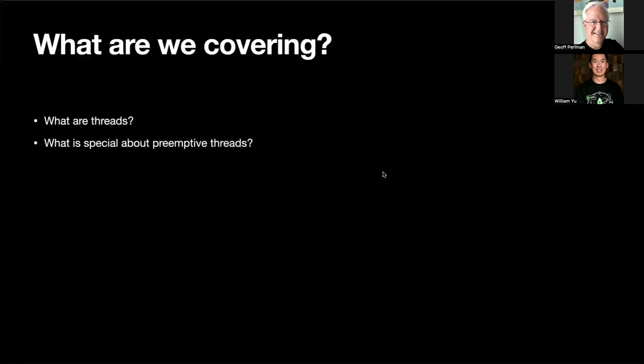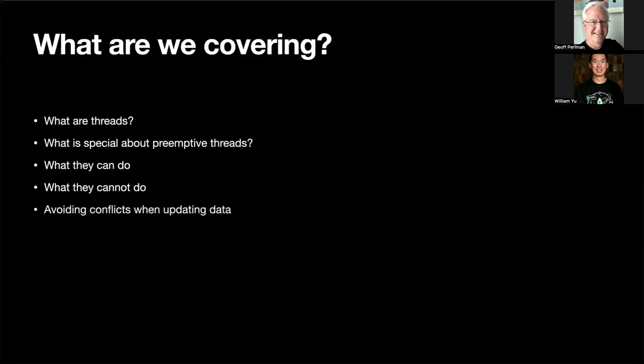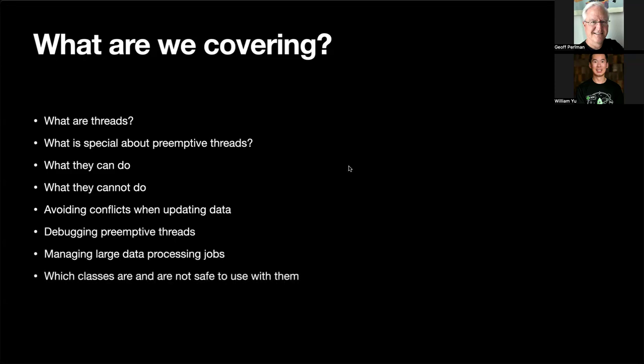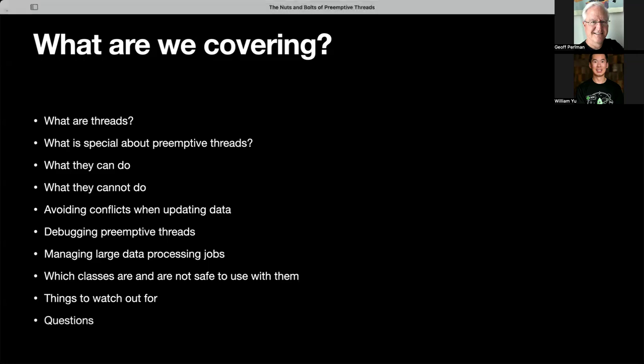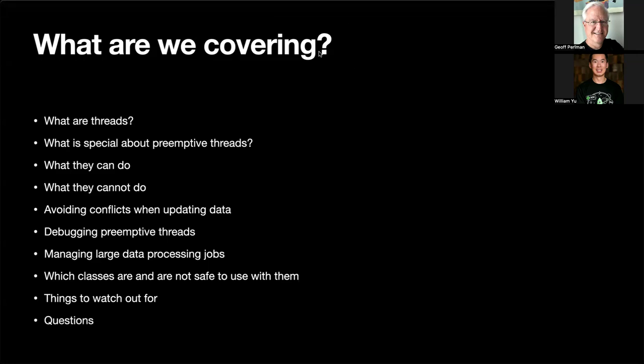And we'll be talking about what's special about preemptive threads, what they can do, what they cannot do, avoiding conflicts when updating data, debugging preemptive threads, managing large data processing jobs, which classes are safe and not safe to use in a preemptive thread, and things to look out for when you're using them. And then last but not least, we'll have some time for questions.